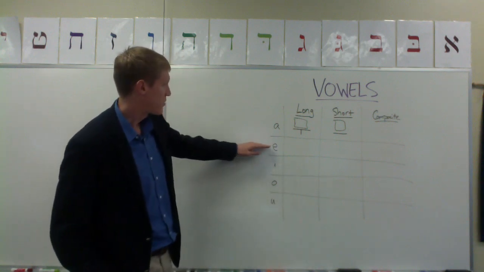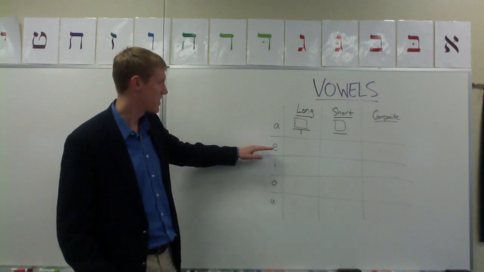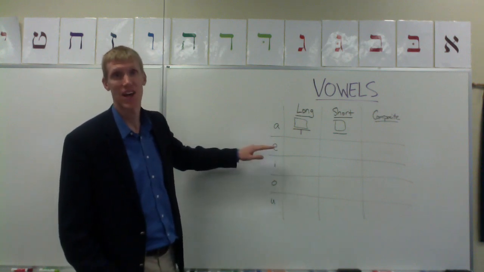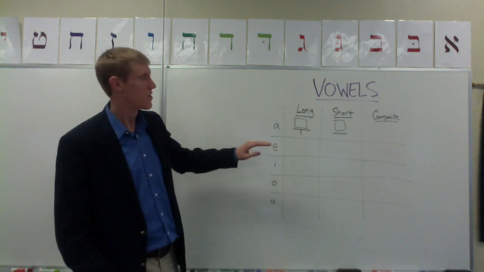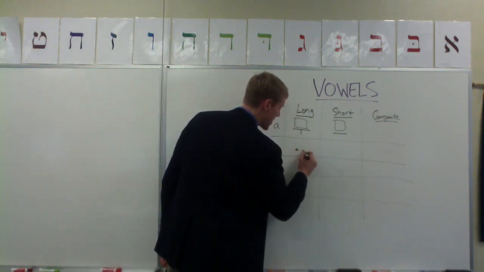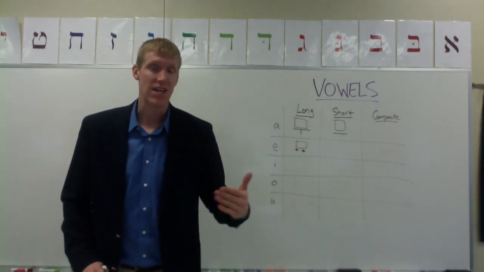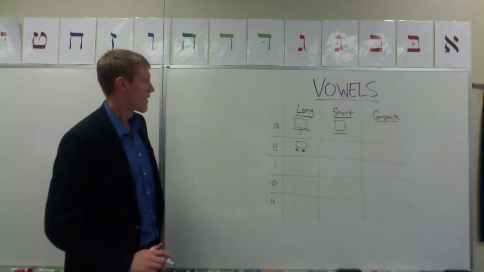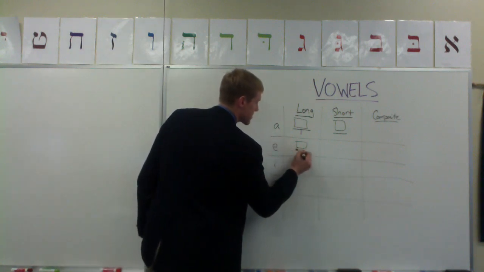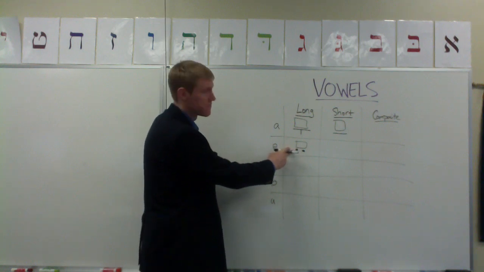The distinction is probably sharpest with the E-class vowels, which are pronounced A. The long is actually pronounced A, as in gray, like EY. This is the vowel tsere.